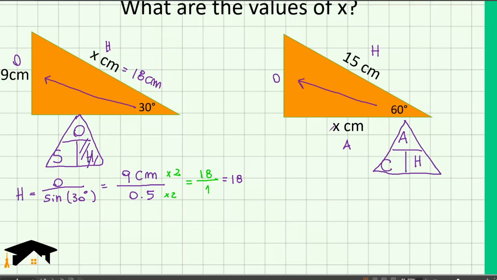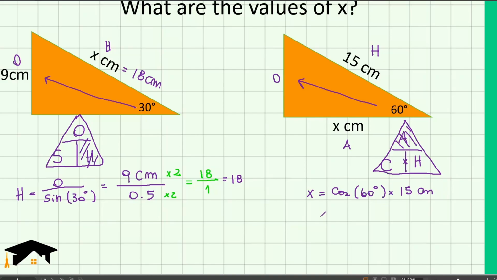Given that we have to find the adjacent side, we cross this in the triangle, and this tells us that we have to multiply the cosine times the hypotenuse. So x is going to be cosine of 60 times the hypotenuse, 15 centimeters.